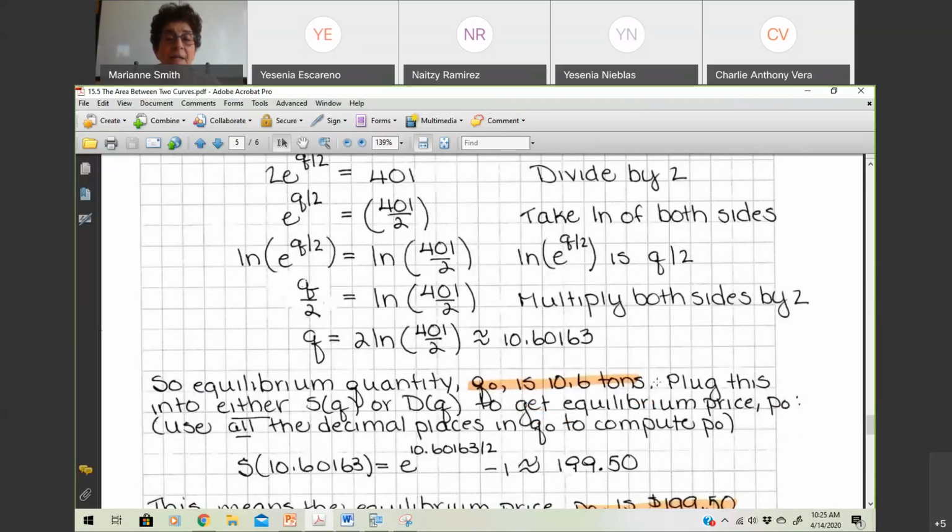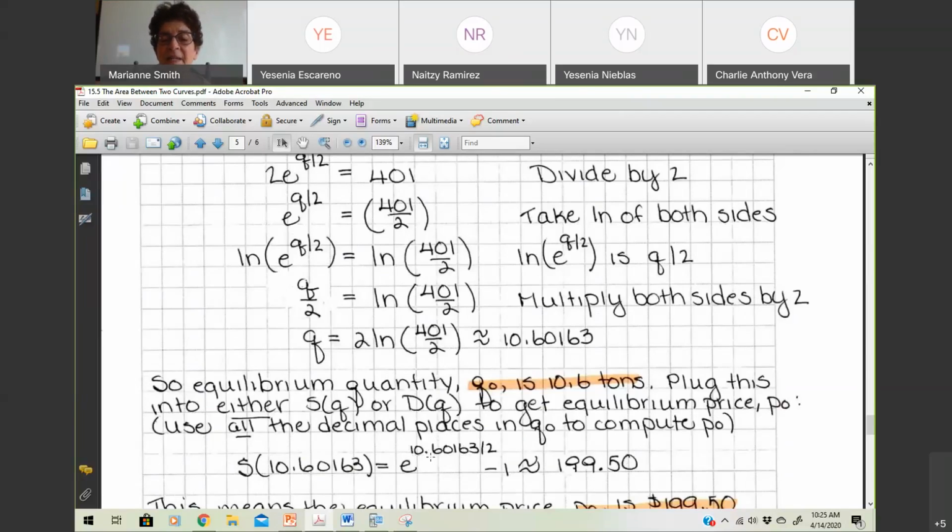Since the equilibrium quantity and price go hand in hand, I can use either the supply or demand equation to find the price. So I am plugging it into the supply equation, and use all of the decimal places in your equilibrium quantity to make sure you get the right price. You want it accurate to dollars and cents.